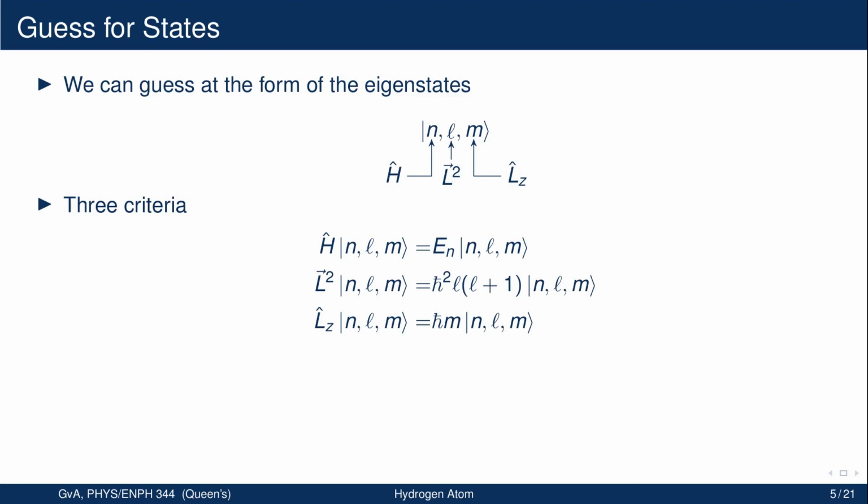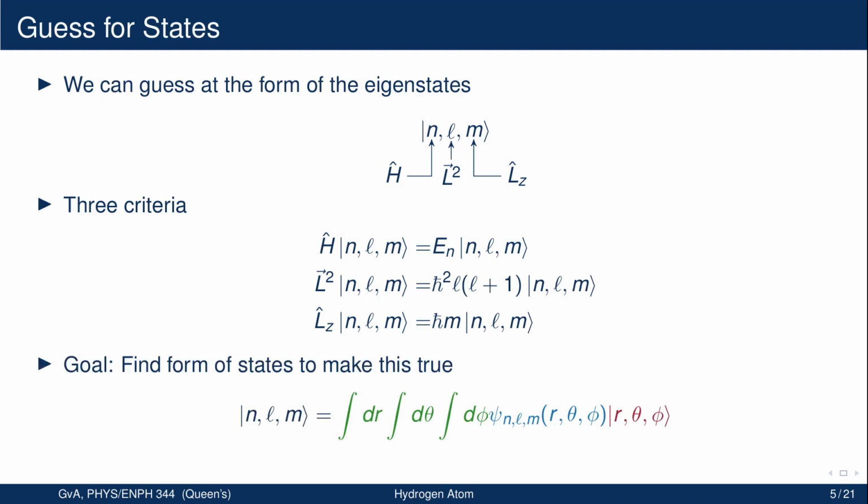The next is that the total angular momentum operator acting on the state gives the form that we had before, h bar squared l times l plus 1 acting on the state. And the z component of the angular momentum gives h bar times m. Our goal is to find the form of the states that allow us to make this true.